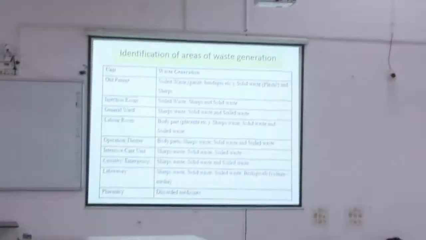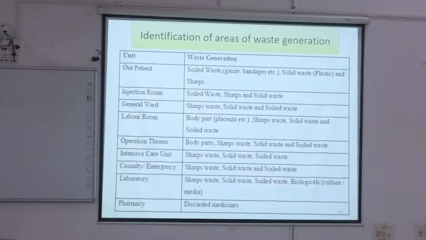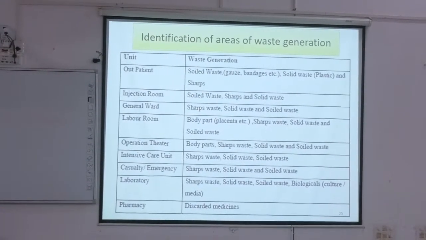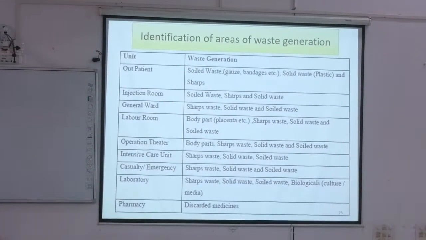And from where the waste has been generated: in the outpatient area, solid waste means any cotton with blood, or soiled waste, or any POP cast, all those things you can find. In the injection room, solid waste, soiled waste and sharps you can get.